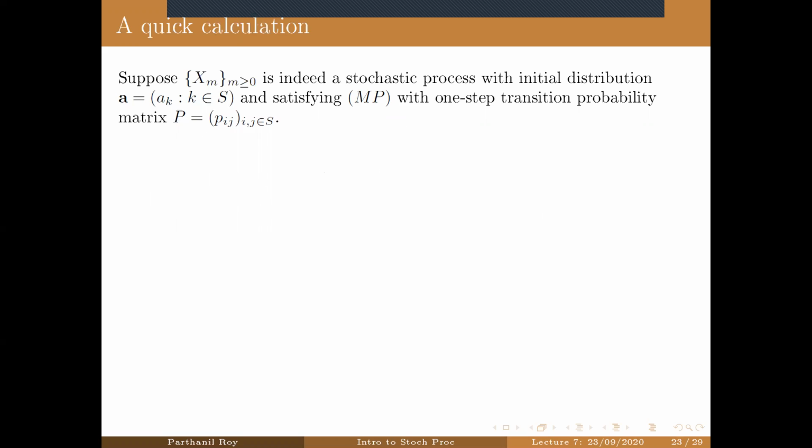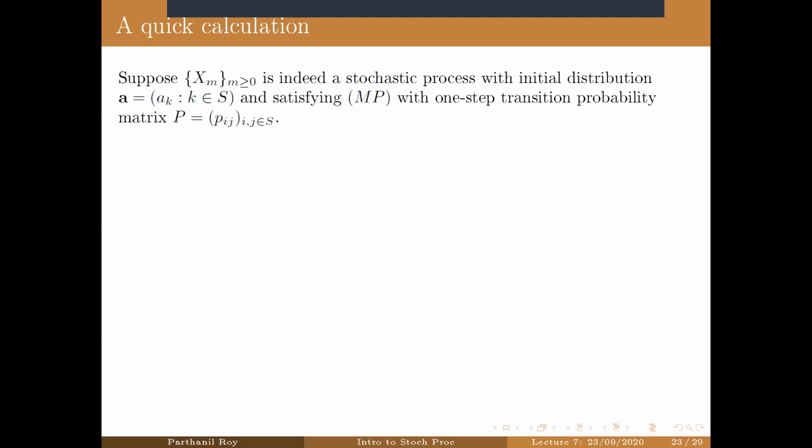The Markov property in terms of conditional probabilities is slightly complicated to handle, because every time you have to say whenever the conditional probability is well defined, the left hand side is equal to the right hand side and so on. So therefore, it's better to talk about the joint probabilities instead of conditional probabilities. That's what we are going to do.